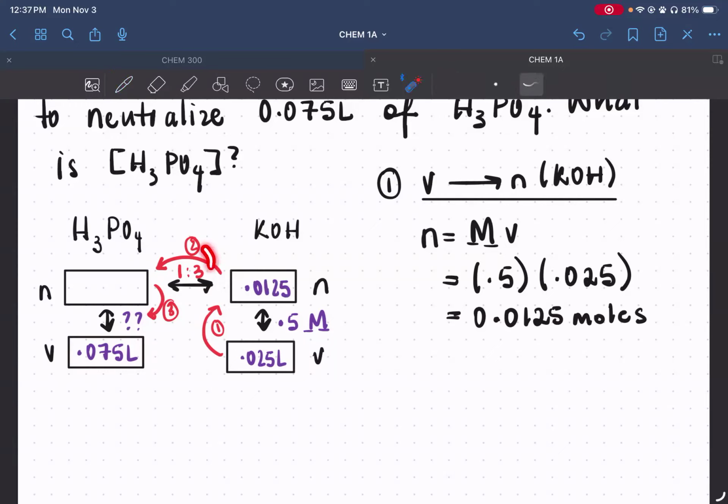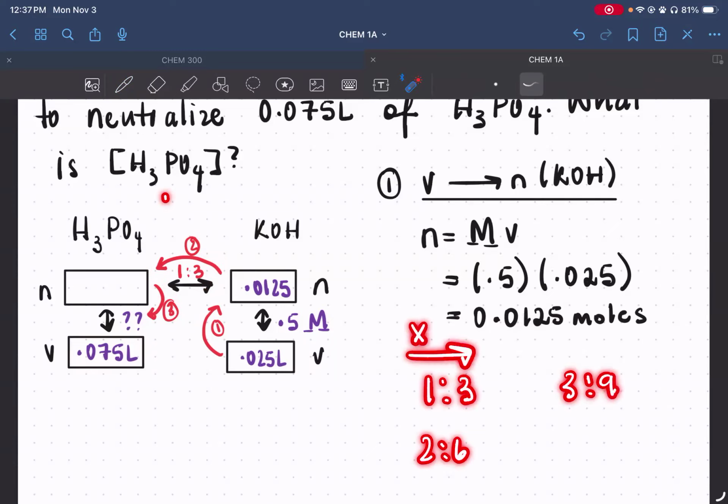Now we have here a situation where the number is a 1 to 3 ratio. Remember what that means. 1 to 3 is the same thing as 2 to 6. It's the same thing as 3 to 9. So think about the direction you're going. If you're going from 1 to 3, you actually multiply by 3. But we're actually going the opposite direction. So we're actually going to be dividing by 3.